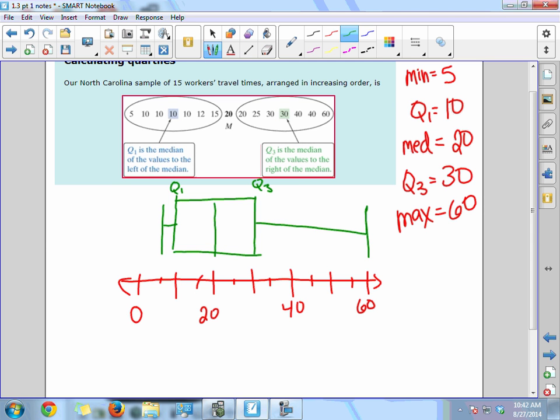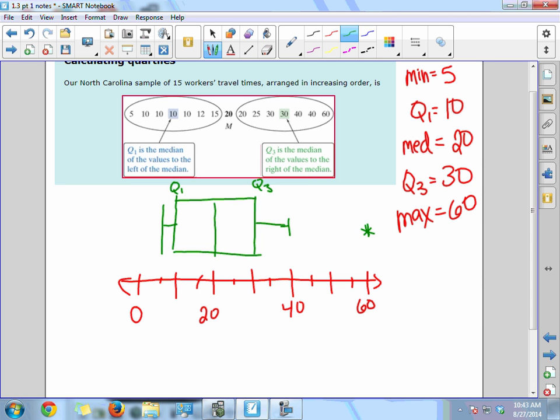Say, it's not true because we already did it, but if 60 was an outlier, then this is how our modified box plot would look. We would put our mark for our maximum at the last data point before the outlier, and then we would just put a little star there at 60, and that would make it a modified box plot.